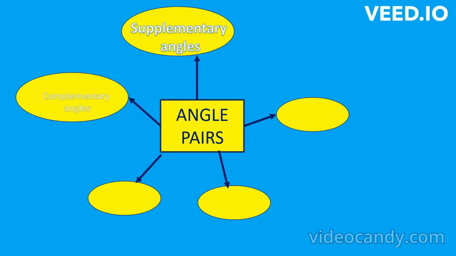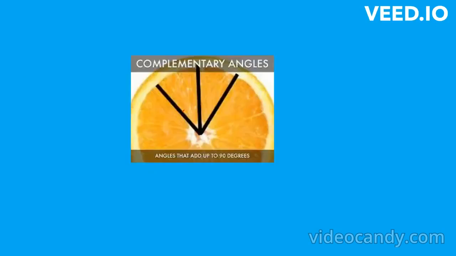Let's learn about a different kind of angles called complementary angles. See, here we have one angle here and another here. These two when added make 90 degrees.